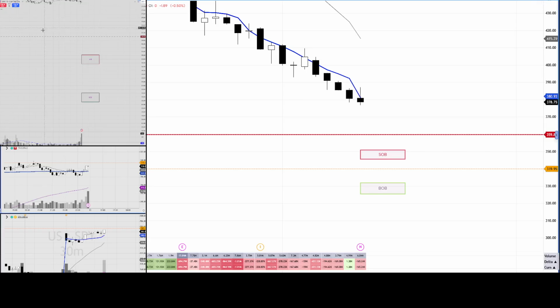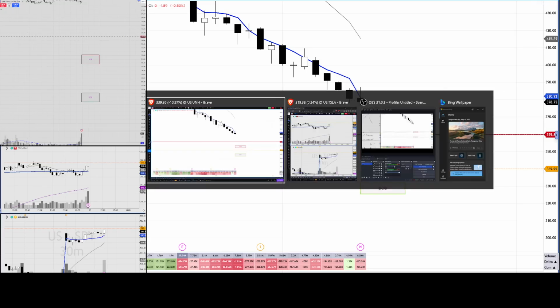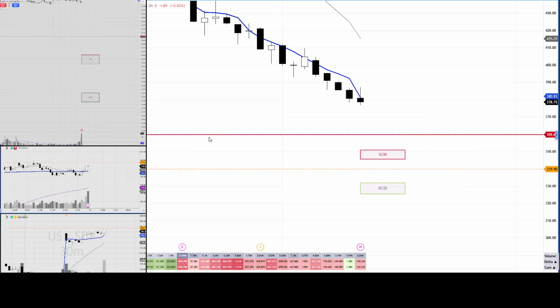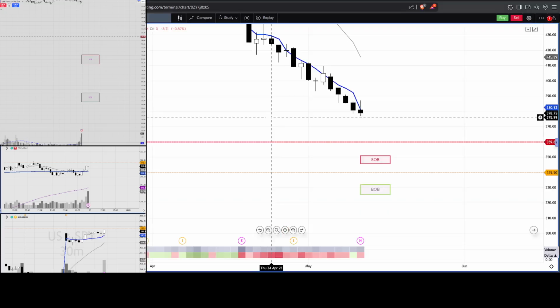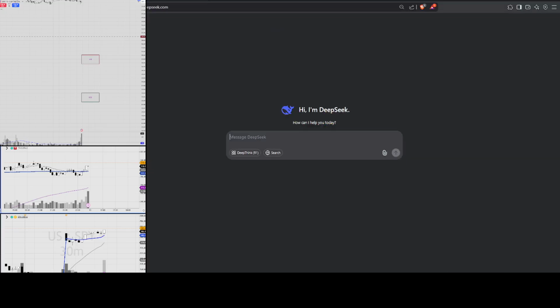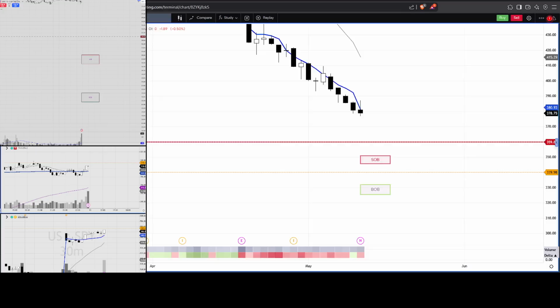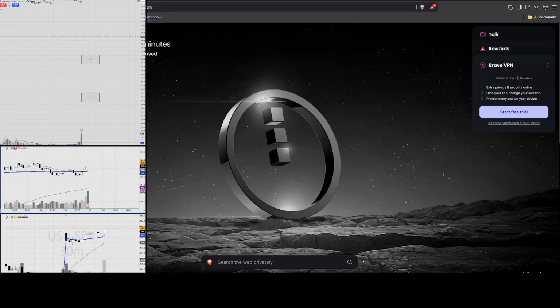Let's look at the short interest on this thing, on Finviz.com.